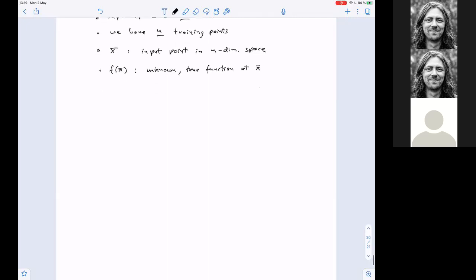So this is in our f space, our target space. So x is feature space, f is target space. Then x vector i is an input point where we know the true function value. So that will be one of our input training points. And just as a shorthand, we will say that fi is, by definition, f at one of the known training points.